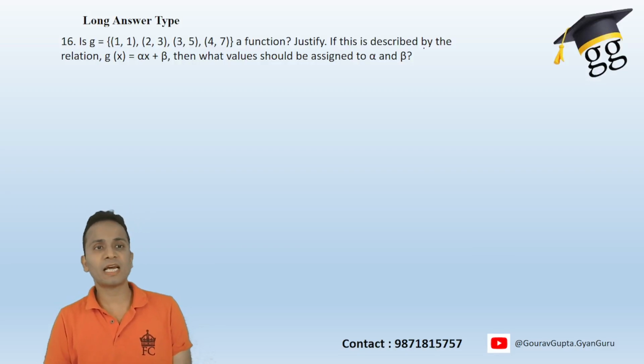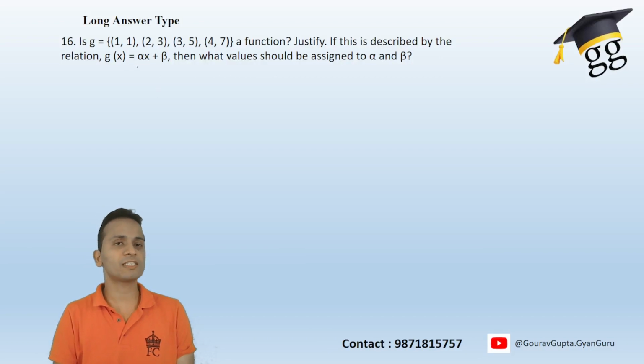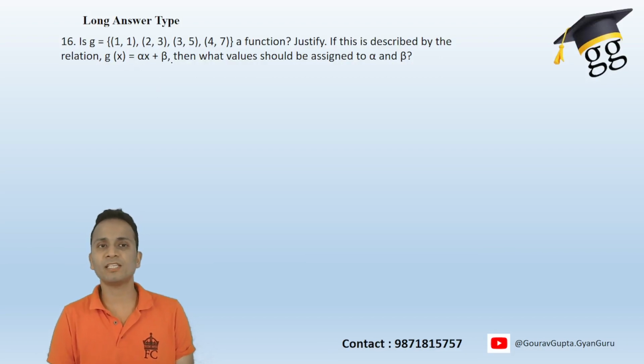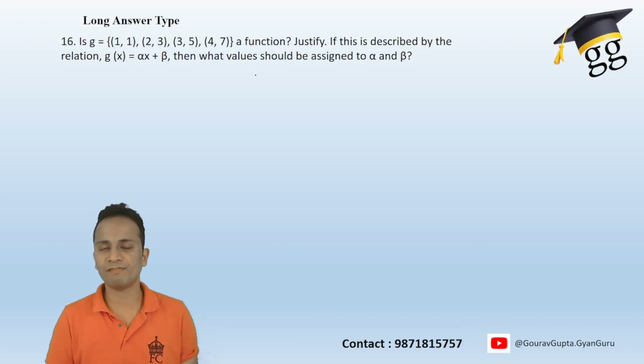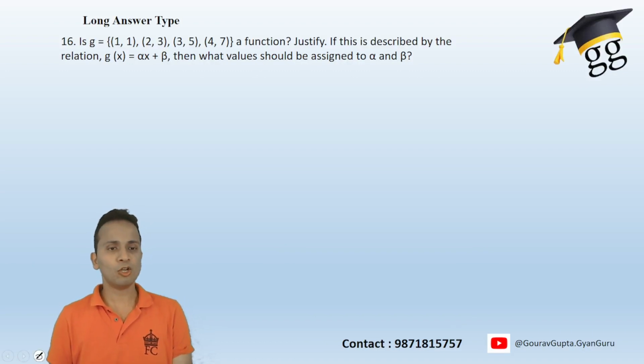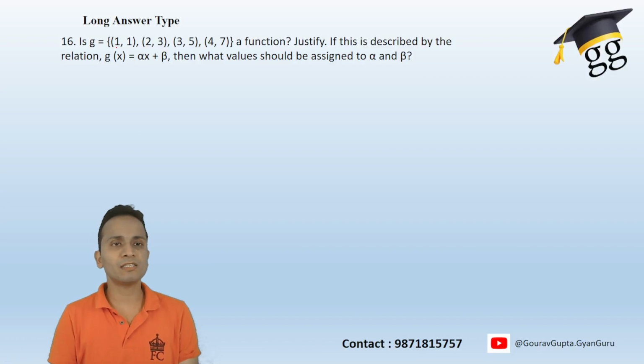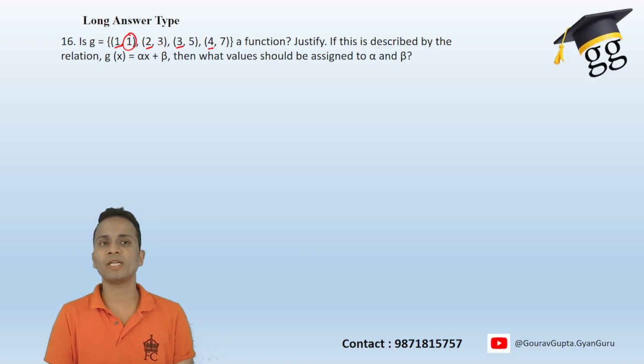If this is described by the relation g(x) = alpha x + beta, then we'll have to find the values of alpha and beta, right? Now looking at this particular relation, we can see that for x equal to 1, 2, 3 and 4, we have different values. At x equal to 1, the value is 1, at x equal to 2, the value is 2.